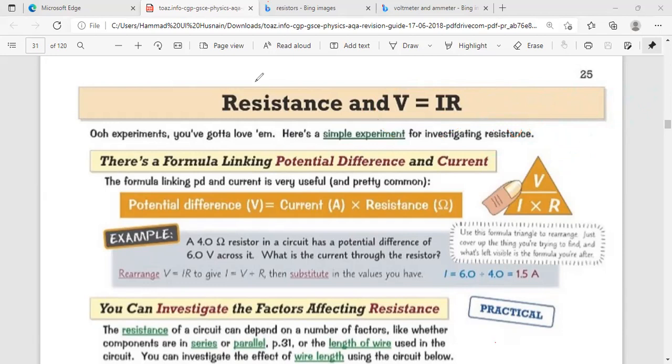Basically, what does Ohm's law mean? V is equal to I R. This Ohm's law basically relates potential difference, current, and resistance in a circuit, right? It means that if you have a large potential difference, more current will flow through the circuit.